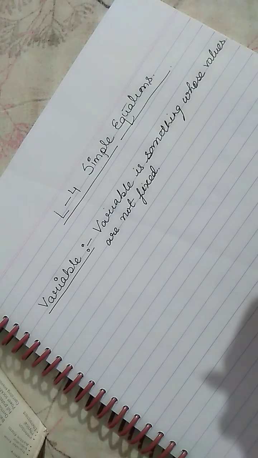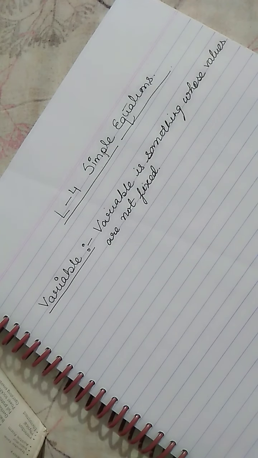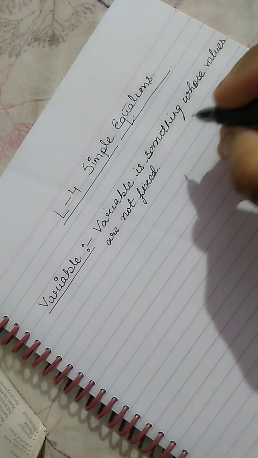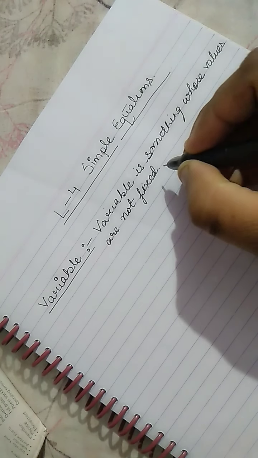So for variable we are using any alphabet from the English alphabet, from A to Z: A, B, C, D and so on up to Z.